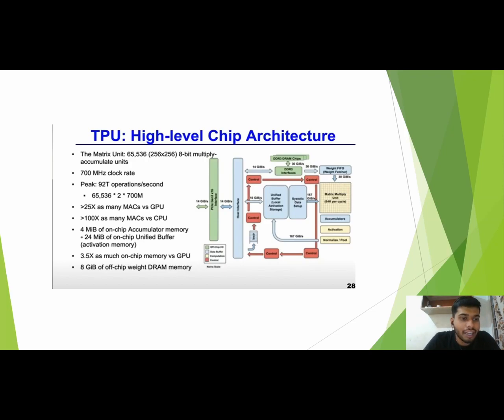The chip has 3.5 times as much on-chip memory versus the GPU. Here the GPU actually refers to the GPUs of other manufacturers.